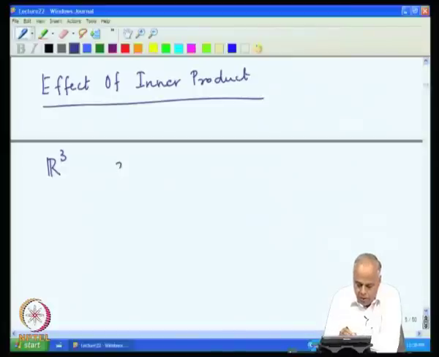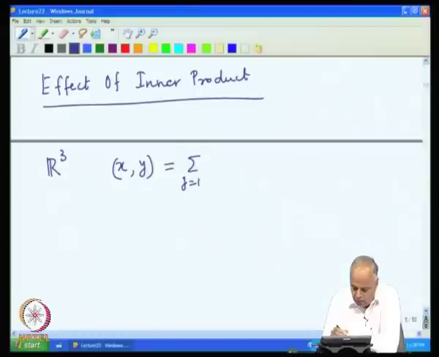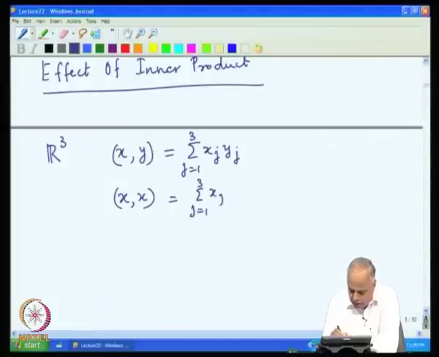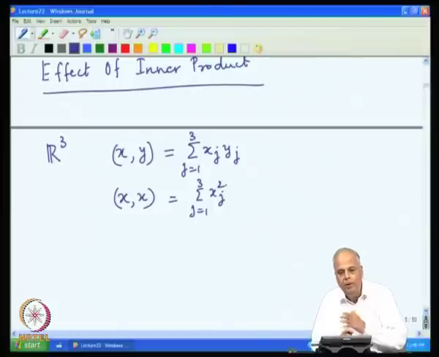Now, for x, y in R 3, the dot product, which we are now going to denote by this notation, is the summation j equal to 1 to 3 of x_j y_j. And if we now take the inner product of x with x, we get the sum over j equal to 1 to 3 of x_j squared, which is the square of the Euclidean length of the vector in the 3 dimensional space.